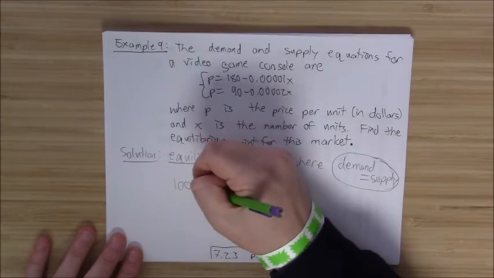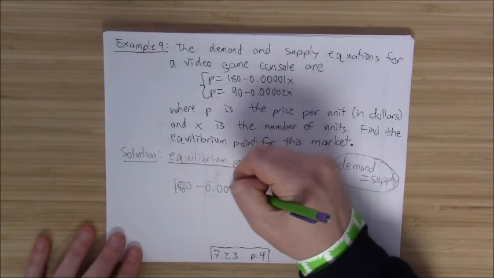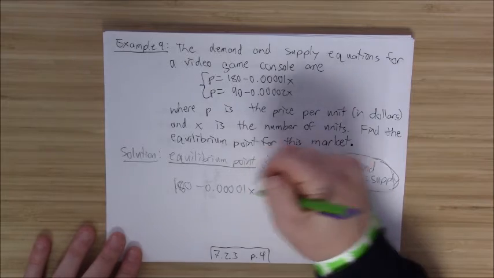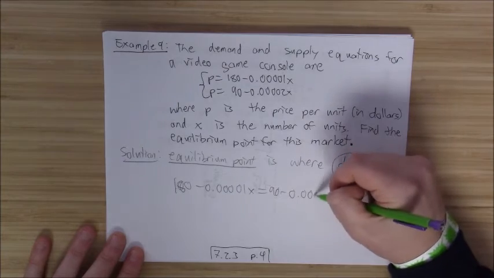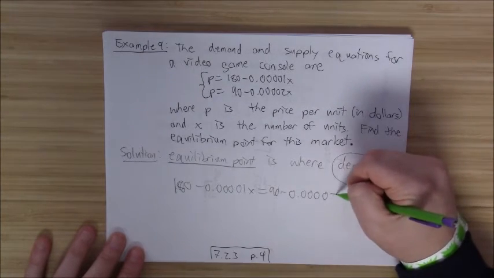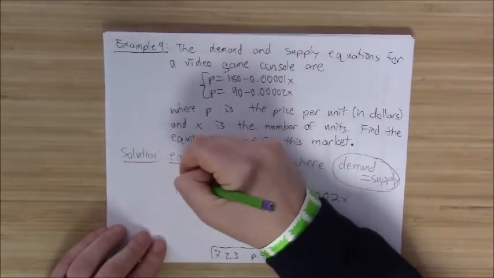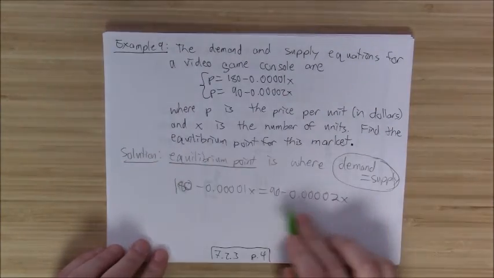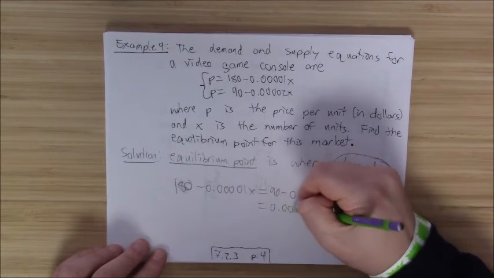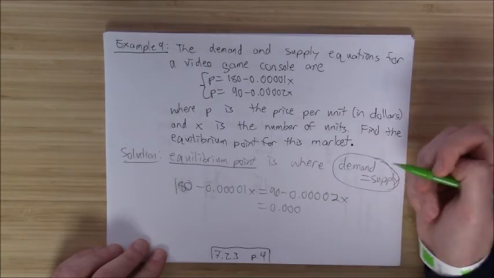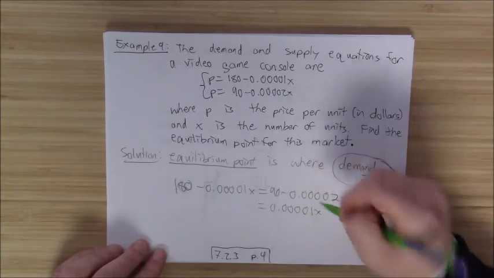So we have 180 minus 0.00001x would equal 90 minus 0.00002x. So I'm just doing a simple substitution here. If we take that to the other side, we end up with 0.00001x, because we're adding.